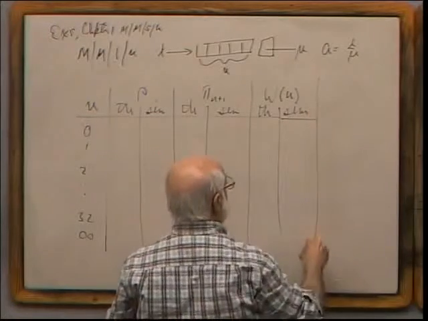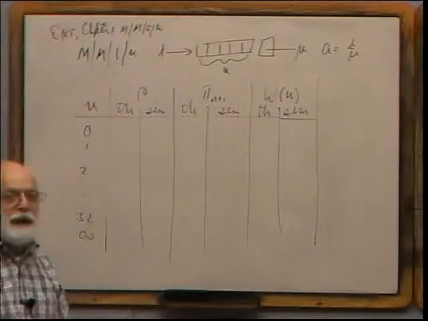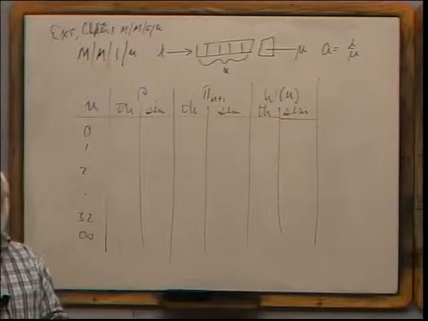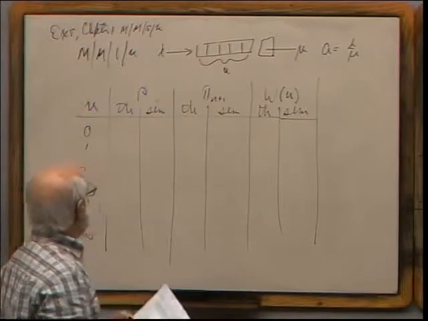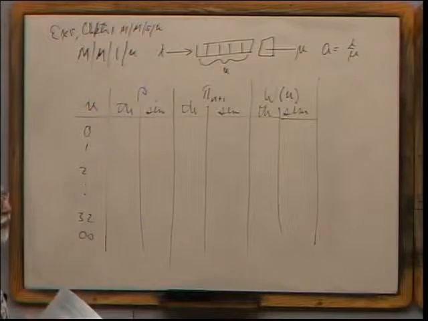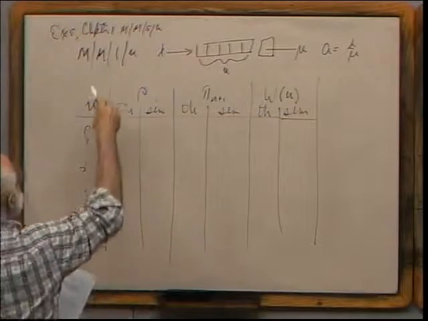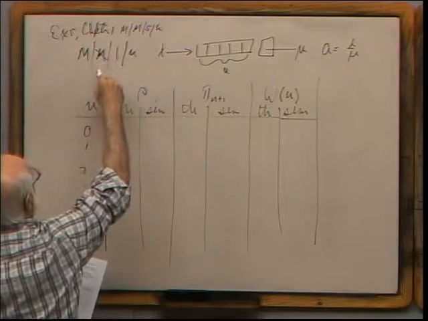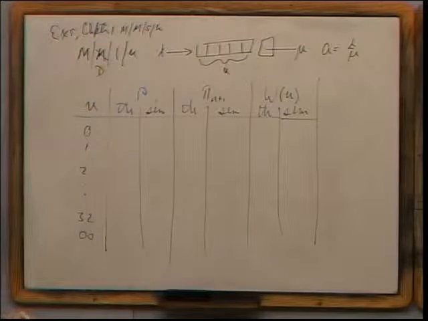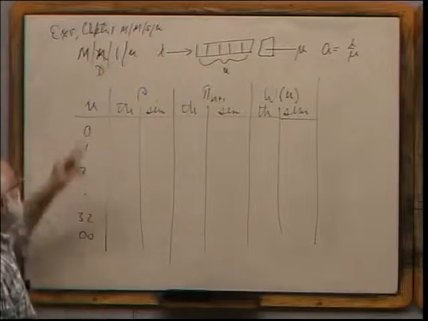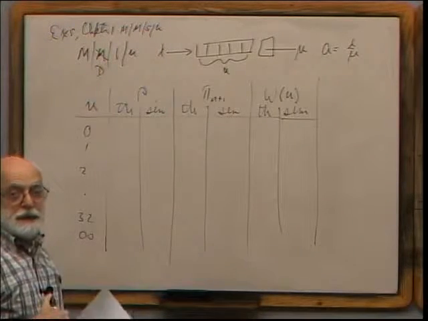And I don't think I gave a due date for this problem, so let me make it a week from today. Now, in parallel, you should be thinking that the next exercise is going to change the M to D. So, in fact, you can look at both of these as being a special case of MG1N.